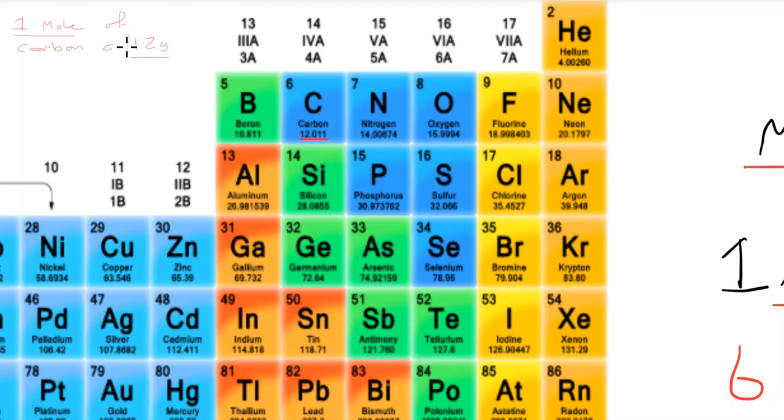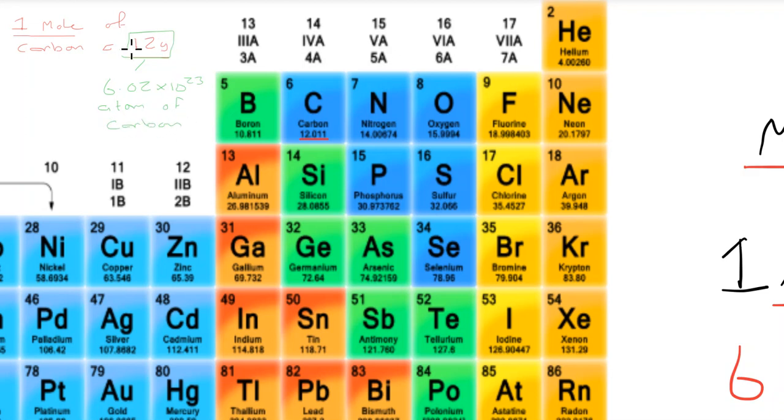Imagine this is the 12 grams that you've weighed out. Within that 12 grams, you're going to have 6.02 multiplied by 10 to the power of 23 atoms of carbon.